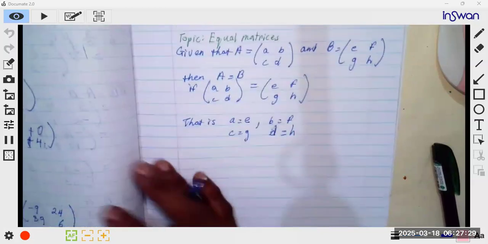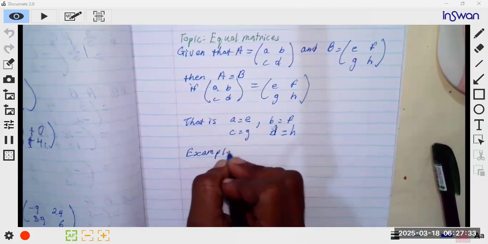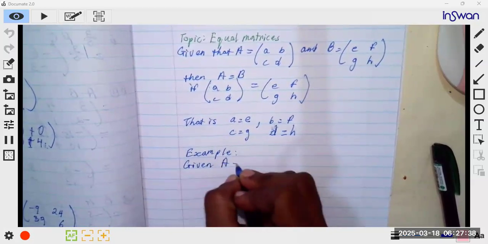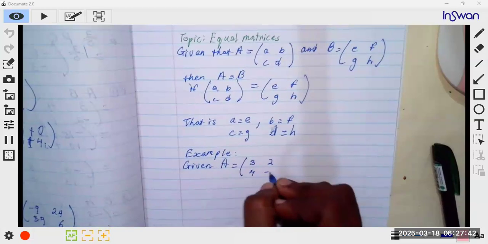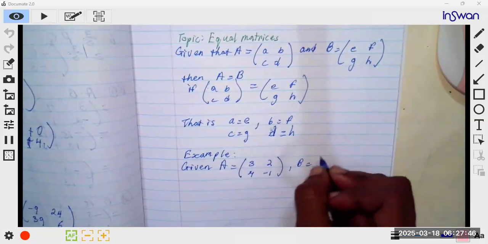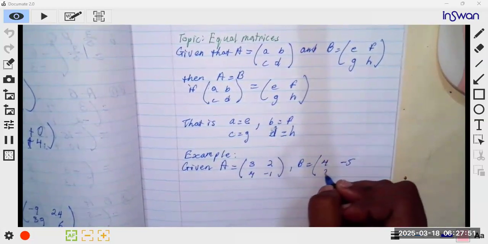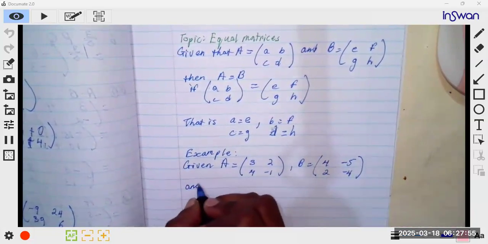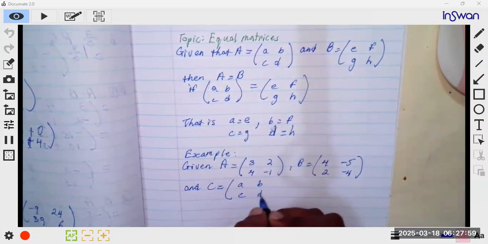So this will be your example. Given A is equal to [3, 2; 4, minus 1], B is equal to [4, minus 5; 2, minus 4], and C is equal to [A, B; C, D].